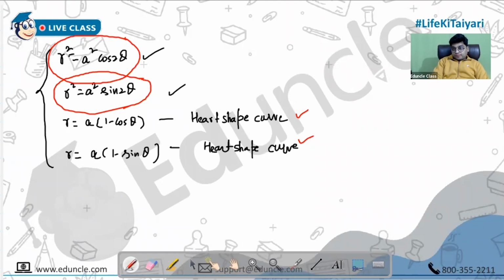See, I am not going to solve more problems like r square is equal to a square cos 2 theta, cos square 2 theta, sin square 2 theta. There are so many problems, but these are the standard problems done, because till now we have discussed only these graphs.